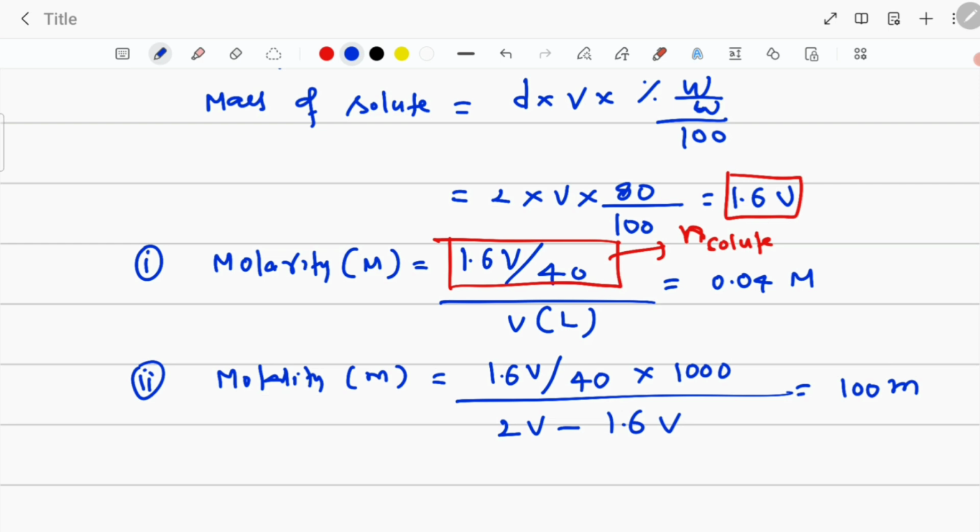Observe both the expressions. Take a pause and observe both the expressions.